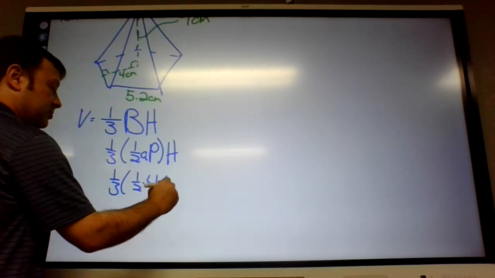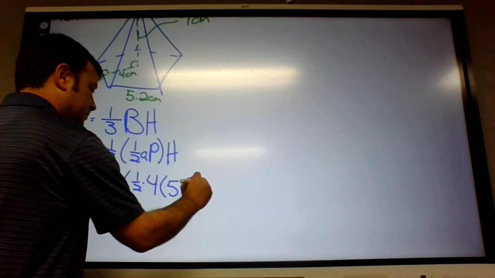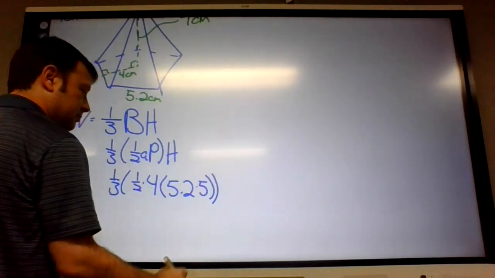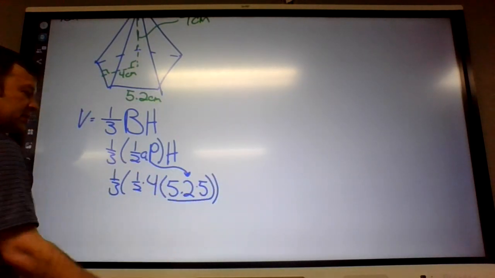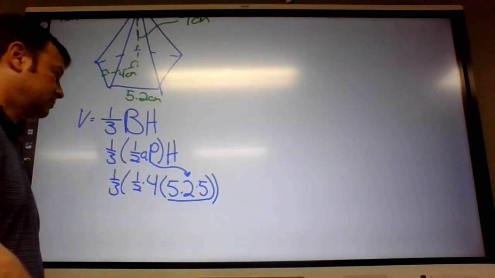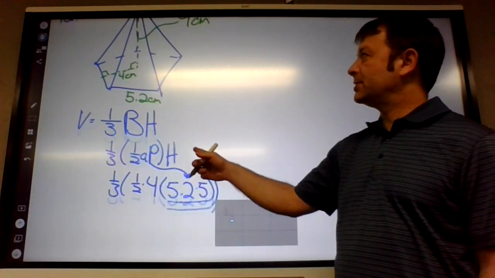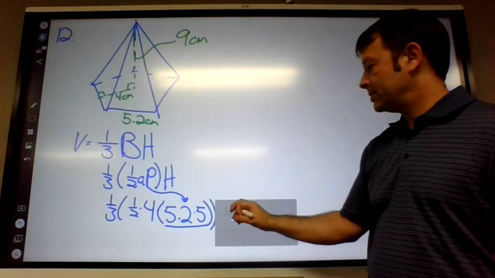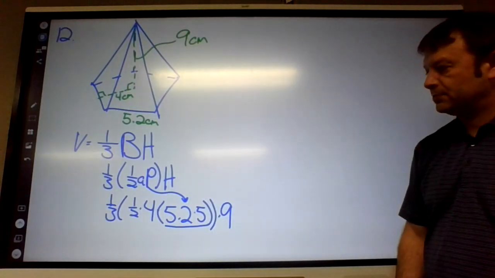That's a little bit confusing looking. Maybe I'll use another parentheses. That's the perimeter. It is 26, yeah. And capital H is the height of the pyramid, so that will be 9.